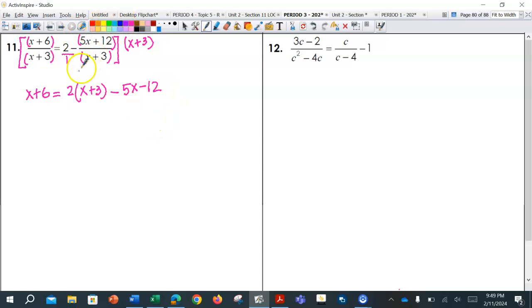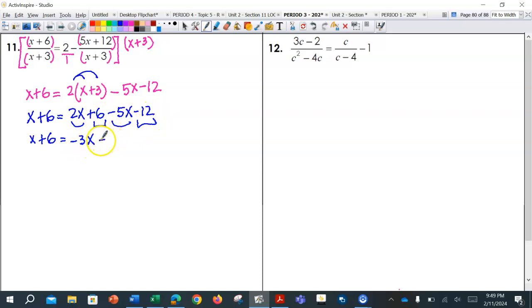Then I will distribute the 2. So I have x plus 6 equal 2x plus 6 minus 5x minus 12. I combine like terms, in this case these two. So I end up with x plus 6 equal negative 3x, and 6 minus 12 is minus 6.